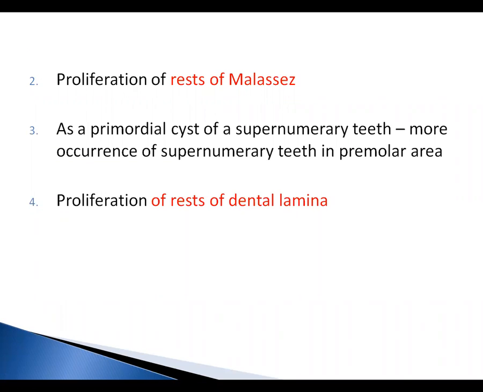Second theory: proliferation of the rests of Malassez, or a primordial cyst of supernumerary teeth, with more occurrence of supernumerary teeth in the premolar area than proliferation of cyst of dental lamina.